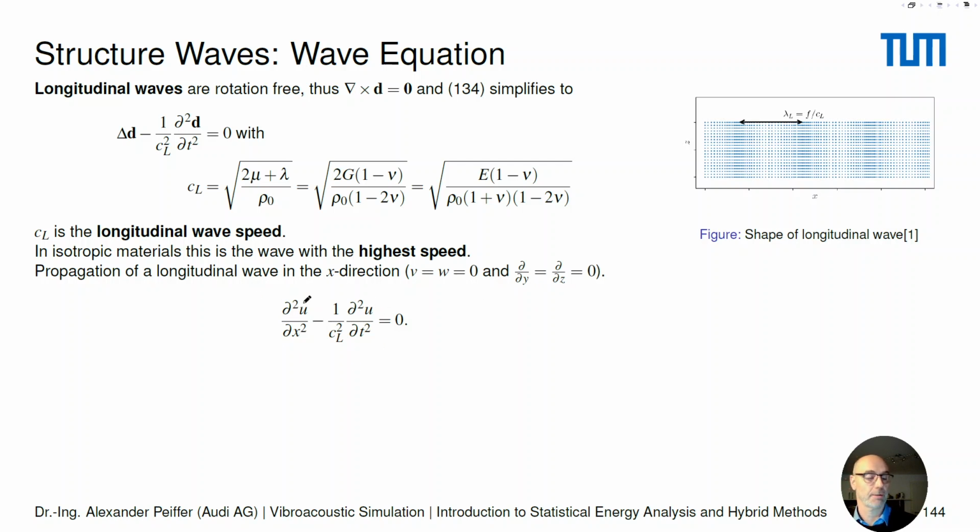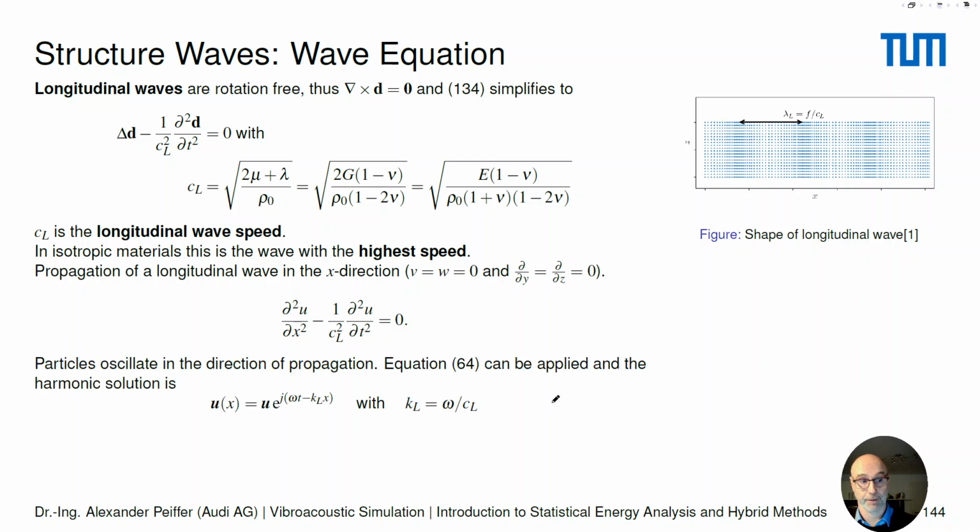So it's just dependent on x. The only displacement is u, and the wave shape would look like this. So the direction of the displacement goes into the direction of propagation. So u is the displacement and x is the direction. This is why it's called longitudinal.